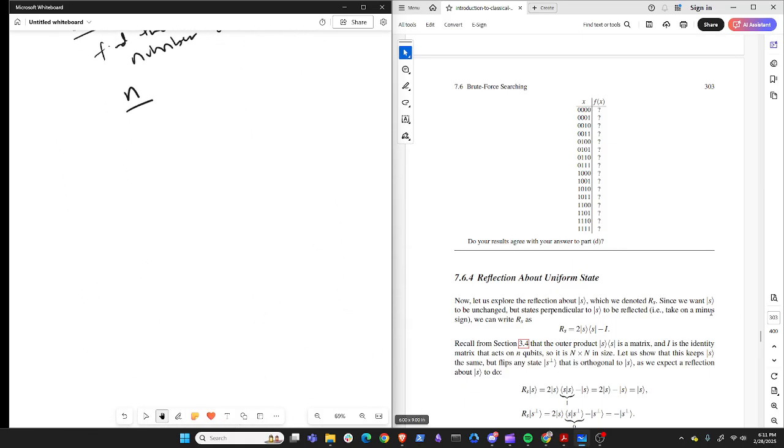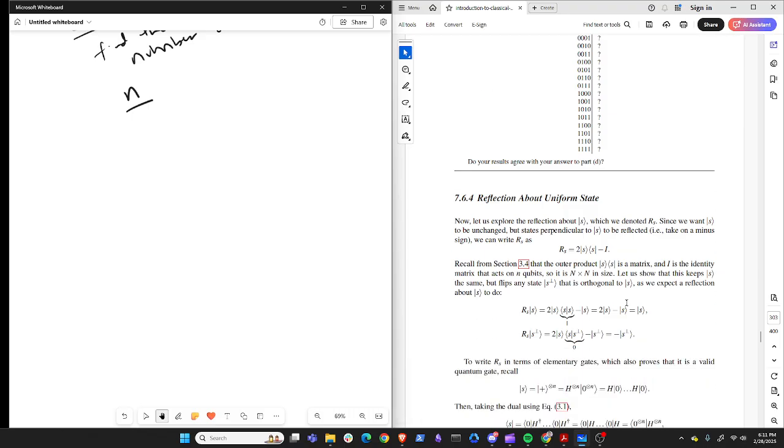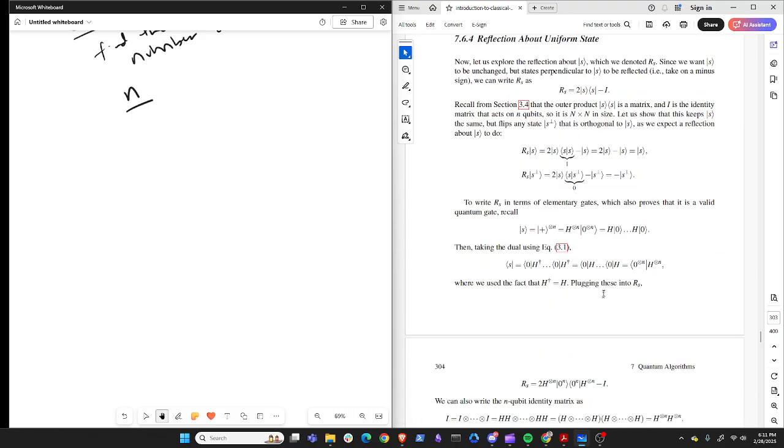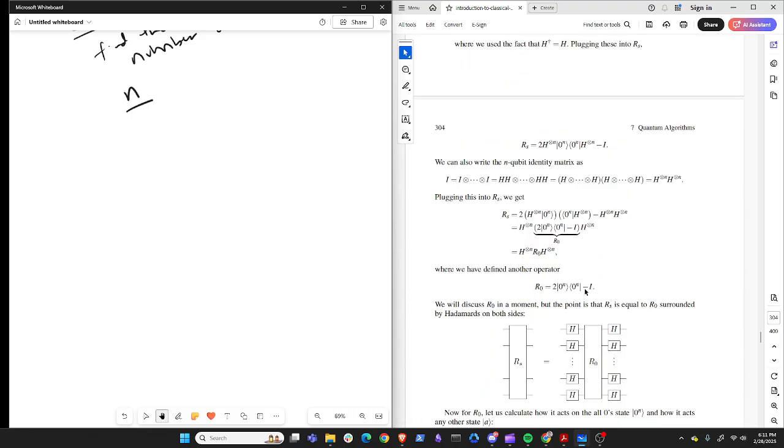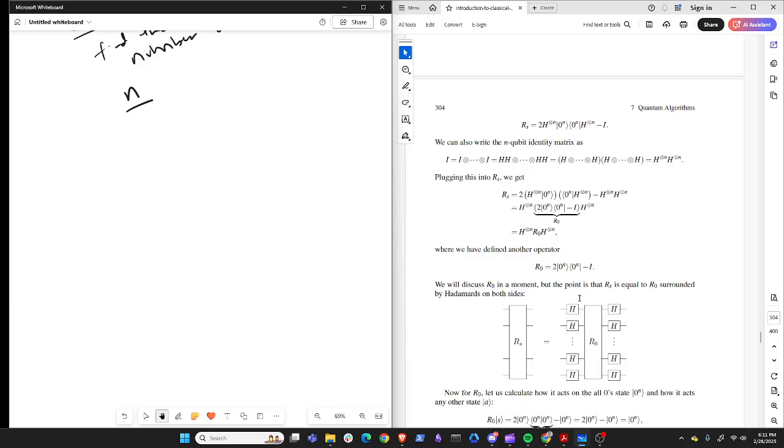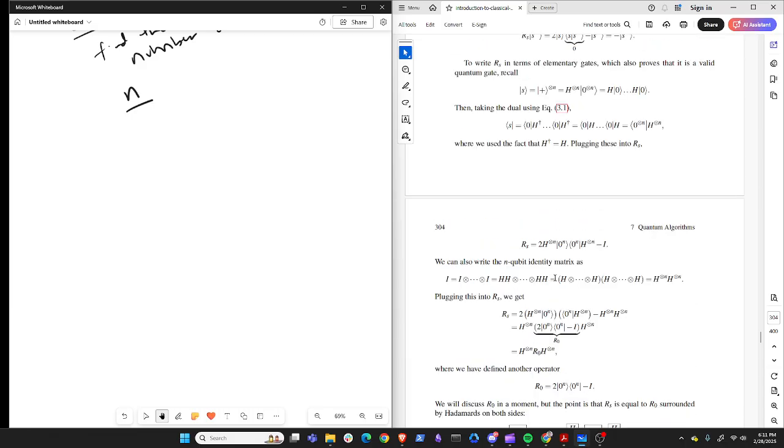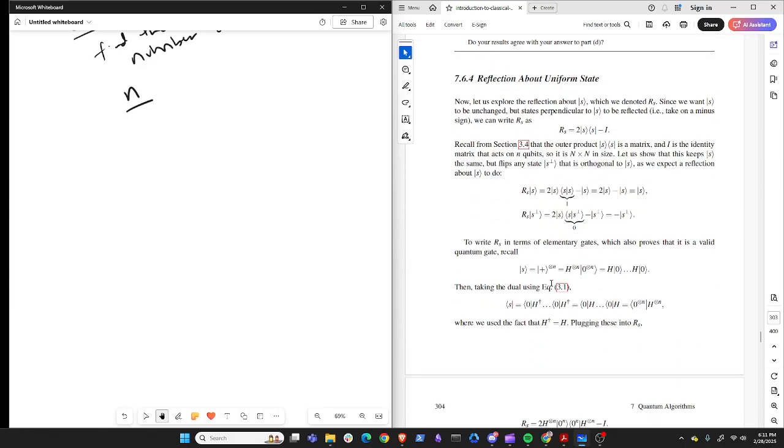So, reflection about the uniform state. We can go through this. This is how to actually do the rotation.